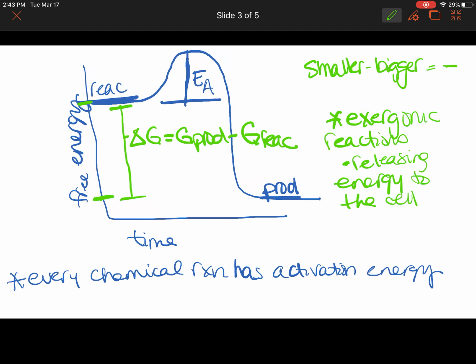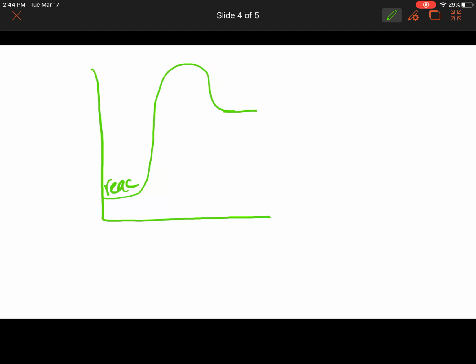Okay, all right. Well, we can also draw energy progress curves for endergonic reactions, where our reactants are starting off lower energy and we've got to move uphill to our products. Remember, our activation energy is how much energy we've got to put in to get the reaction to go.